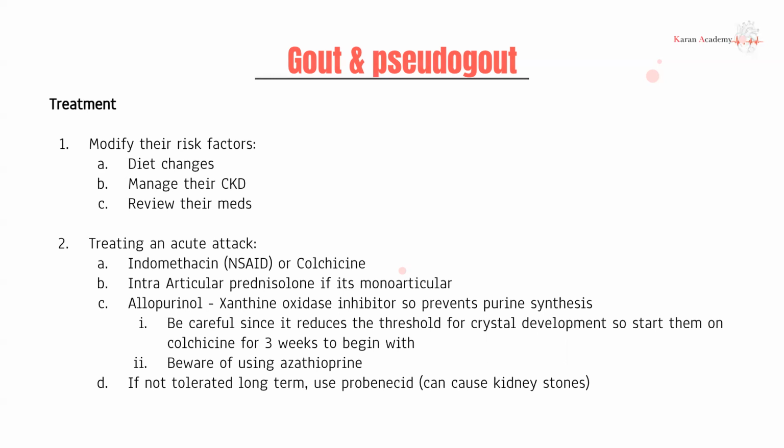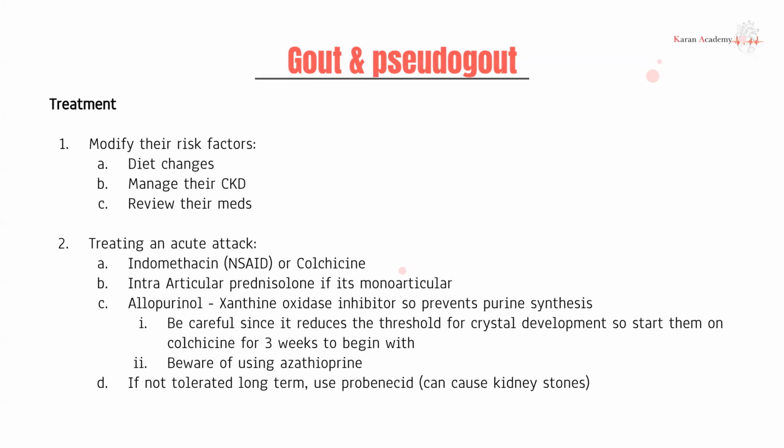And so by targeting the upstream metabolite, you can actually have a reduction in your propensity to have uric acid crystals. But you want to be careful, because in addition to reducing purine synthesis, it also reduces the threshold for crystal development.